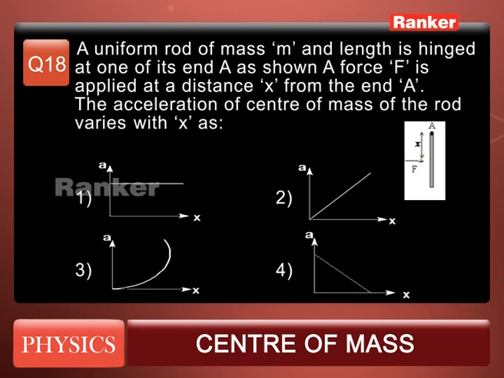There are 4 options with graphs given. In the first graph, a straight line not passing through the origin, parallel to the x-axis. In the second option, it is also a straight line passing through the origin, the third is a curve passing through the origin, and the fourth is again a straight line.